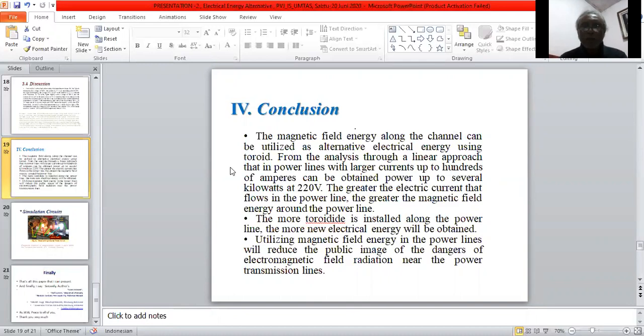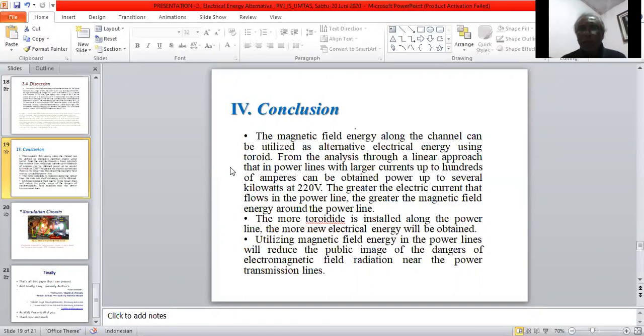From the analysis through a linear approach, in a power line with large current up to 100 of amperes, power up to several kilowatts can be obtained at 220 volts.